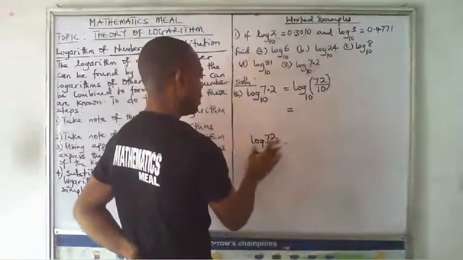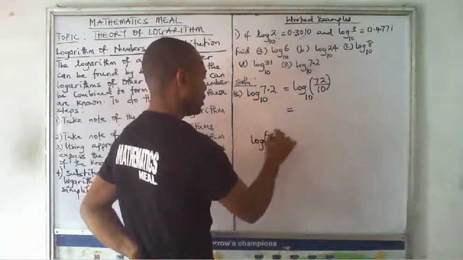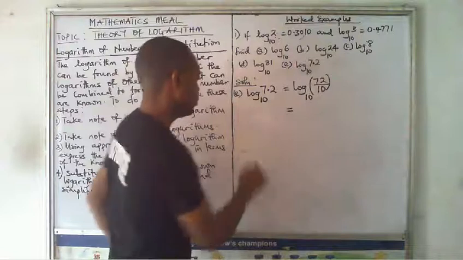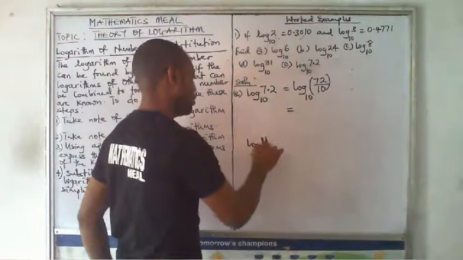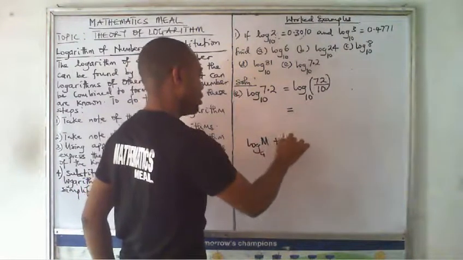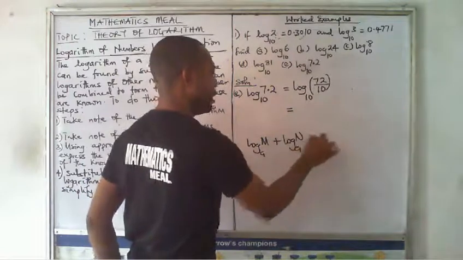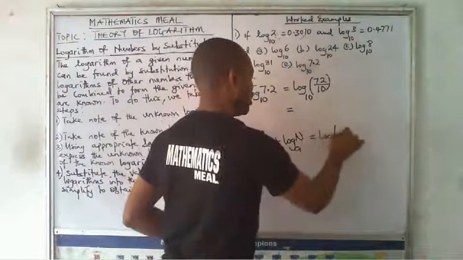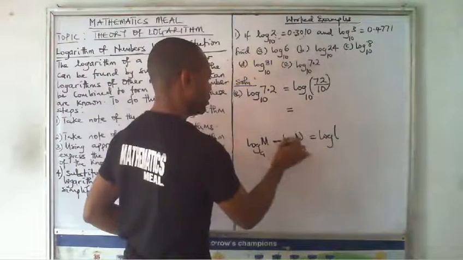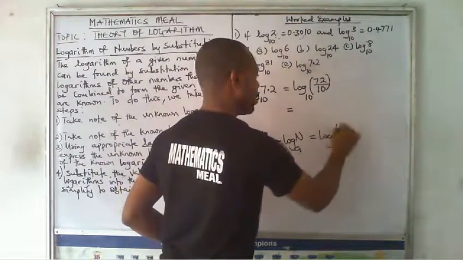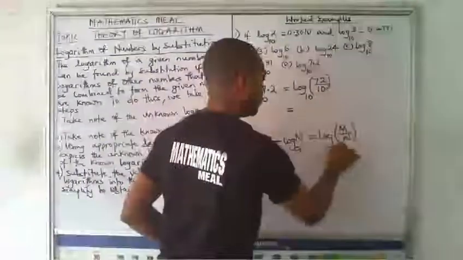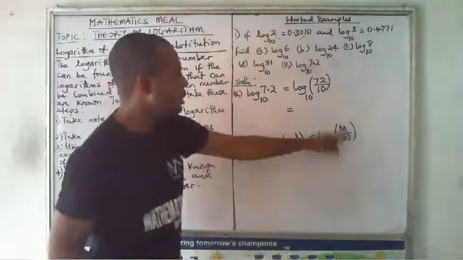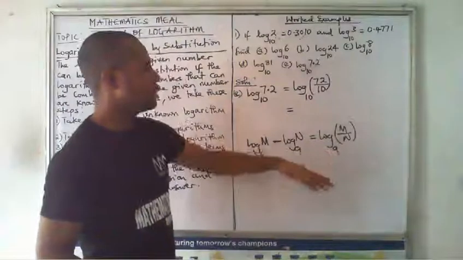72 over 10. Let's use symbols first. In our law, we have that log m minus log n in base a is the same thing as log m over n. Now you look at this. This and this are just the same.